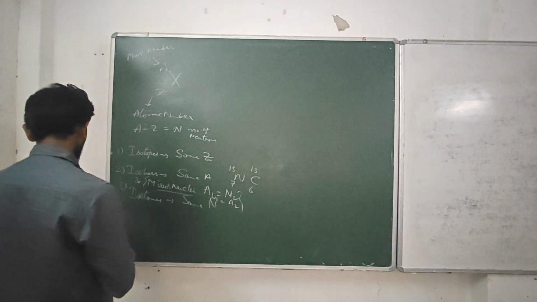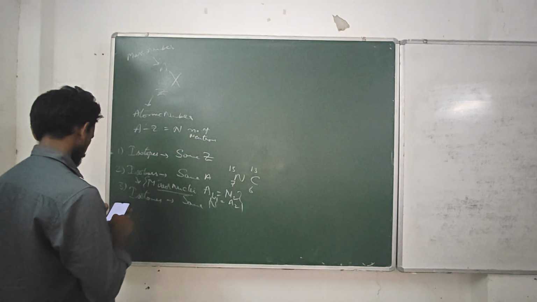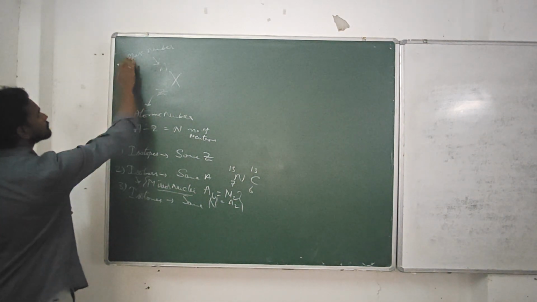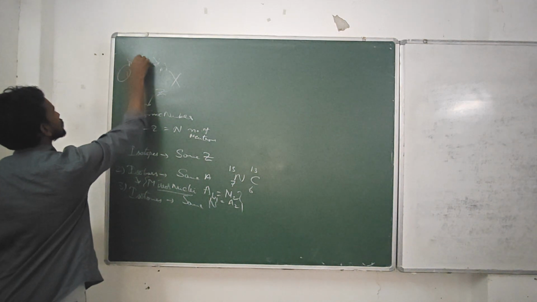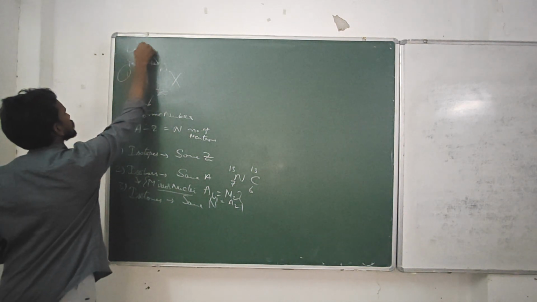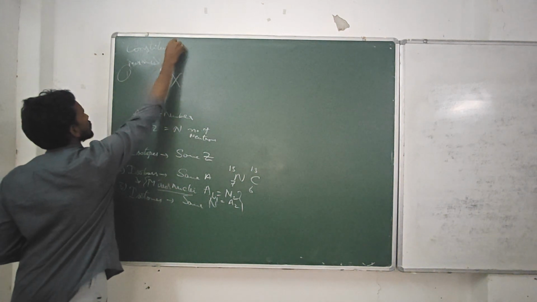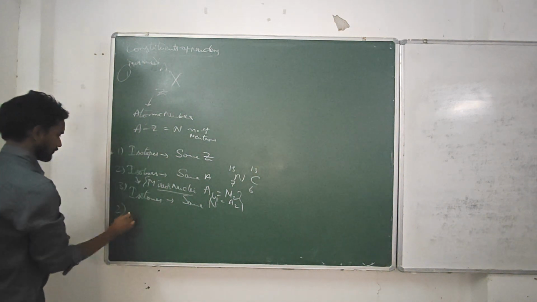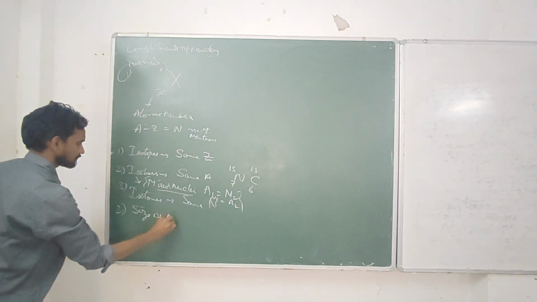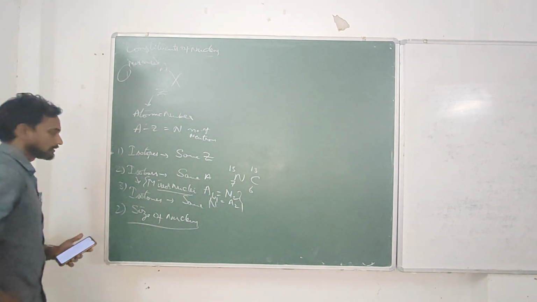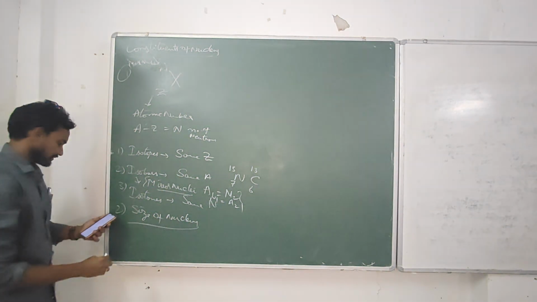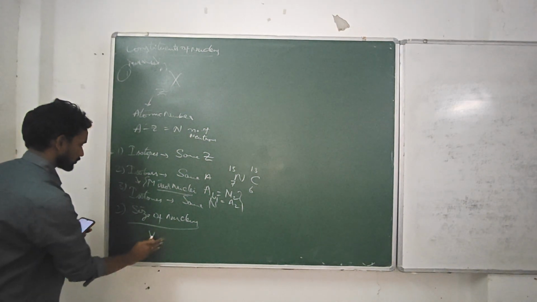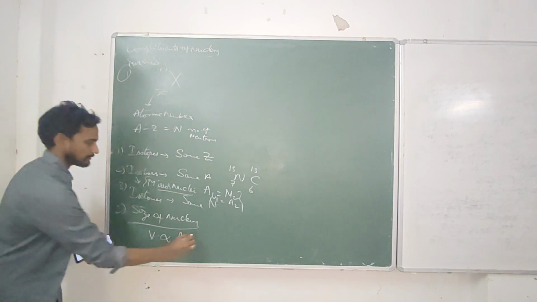Okay. So the next property is the size of the nucleus. So these are the constituents of the nucleus. Size of the nucleus: size deals with volume. So volume is proportional to atomic mass.